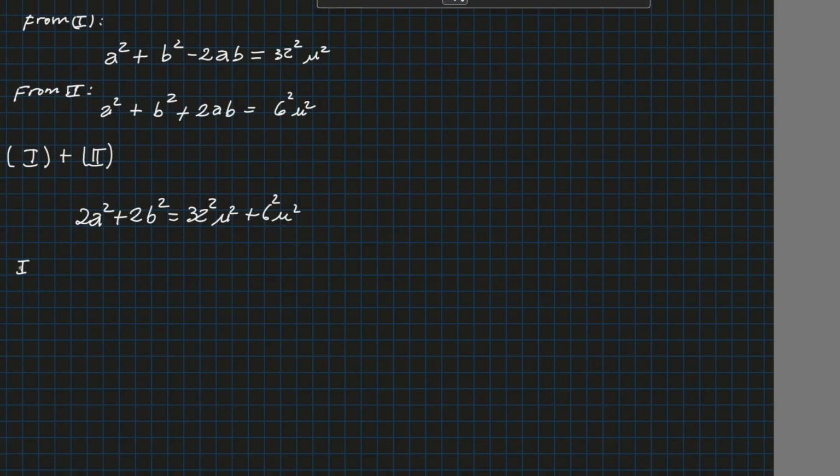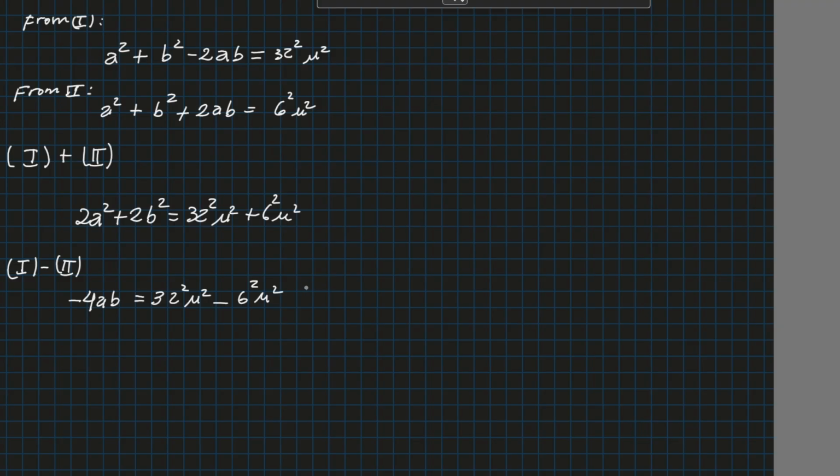If we make a subtraction of these two values, a minus a is 0, b minus b is 0, and minus 2ab minus 2ab is minus 4ab equal to 32 square units squared minus 6 units squared.